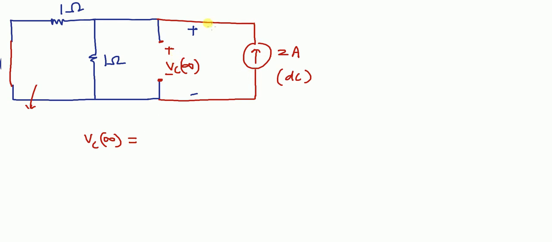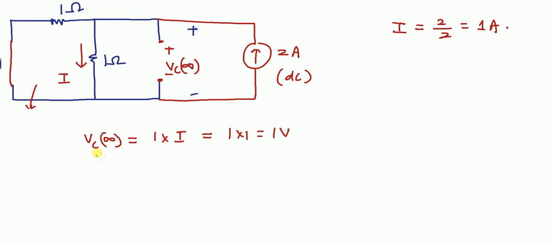See, this current source is now connected across the parallel combination of 1 and 1 ohm resistance. So current through this path is I, and both the resistances are equal, so equal amount of current will flow through both 1 ohm resistances. So the current is 2 by 2 or 1 ampere. So Vc infinity is 1 into I, and I is 1. So Vc infinity is 1 volt.